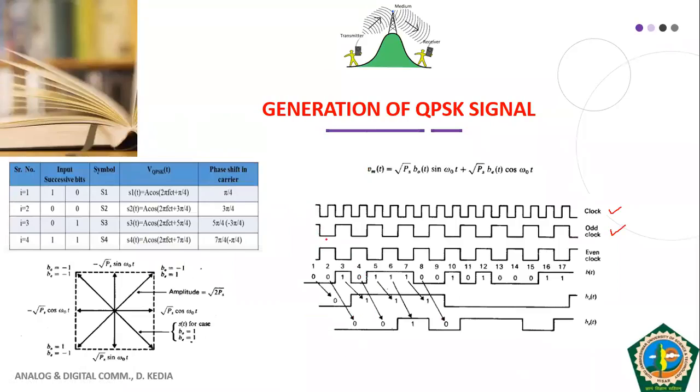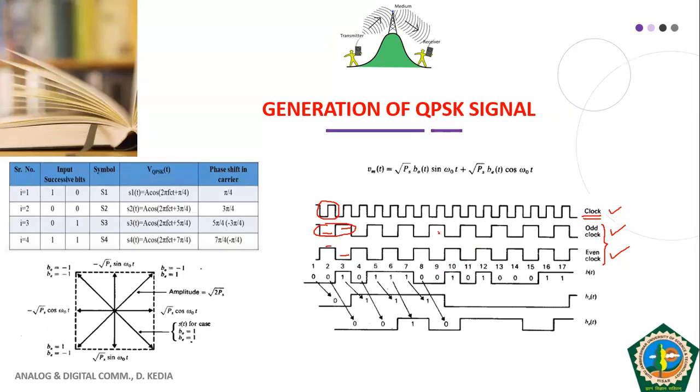So you see here, we have 0 here, we have 1 here, we have 1 here, we have 0 here. This is the difference between your even clock and odd clock. They are complementary to each other. That is one point. This is our main clock frequency. You can see that the frequency of your original clock is double that of your even and odd clock.